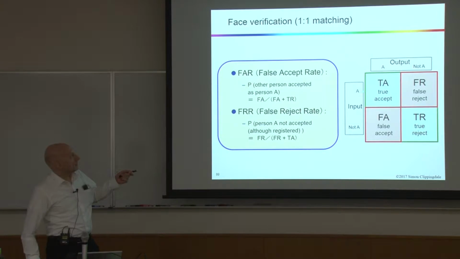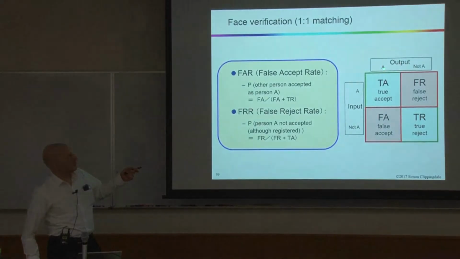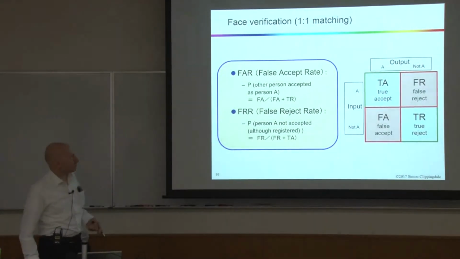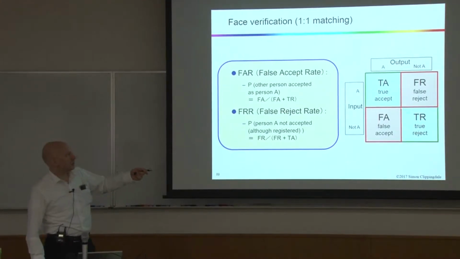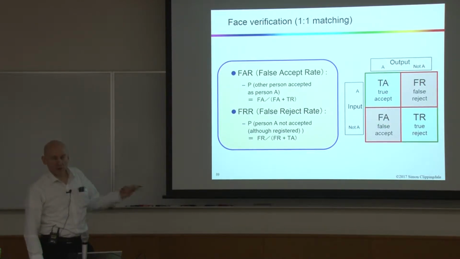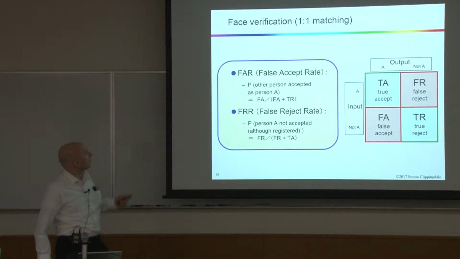So we're saying the input is person A, either that or it's not person A. The output is either the system says, yep, it's person A, or it says, no, it's not. So again, we've got true accept and true reject in the cases where the system gets it right. False accept, false reject in the case where the system makes a mistake.